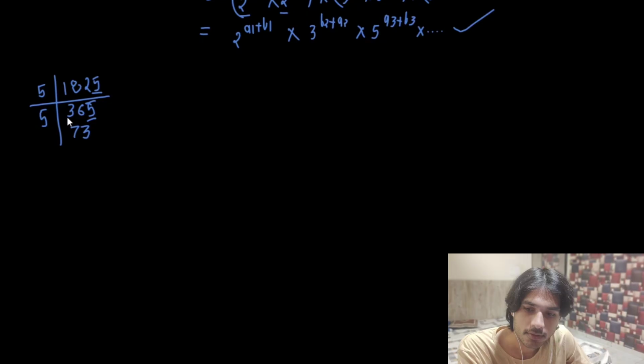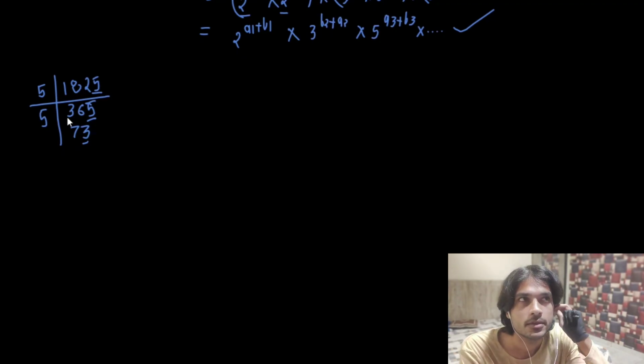Okay, so because the last digit is 3, we can try 3. 3 2s are 6, 6 minus 7 is 1, 13 doesn't come in the table of 3. Okay, so not 3. 5 no, 6 no, 7 no, 7 nines are 63, 8 no, 9 no, 9 eights are 72, so no, 10 no, 11 no, 12 no, 13. 13 ones are 13, 13 twos are 26, 13 threes are 39, 13 fours are 52, 13 fives are 65, 13 sixes are 78.